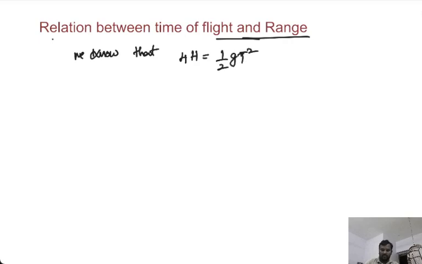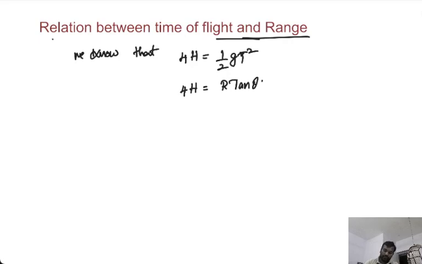Next, relation between time of flight and range. So already we know that 4h is equal to 1 by 2 g t square. This is the relation between height and time of flight. And one more formula, the relation between height and range is 4h is equal to R tan theta.